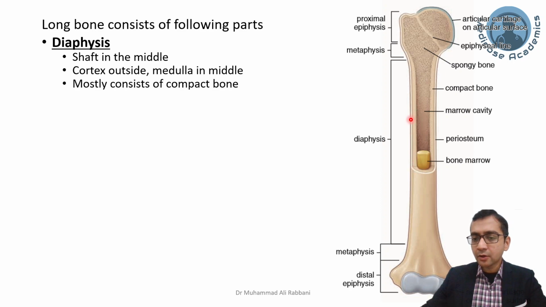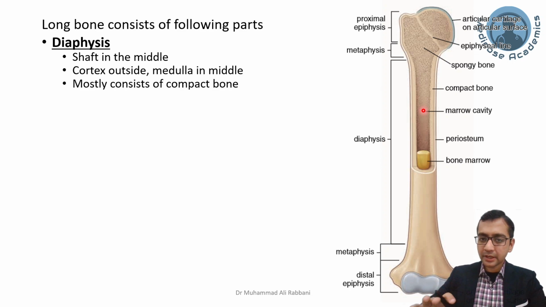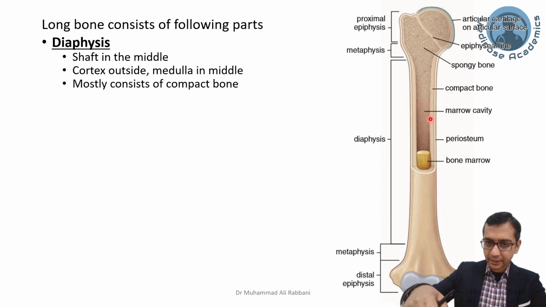It has compact bone on the outside, the cortex, and then there is a marrow cavity on the inside, the complete absence of bone. It is like a hollow tube. You must have eaten meat, especially red meat, and encountered such bones where the bone is like a ring.